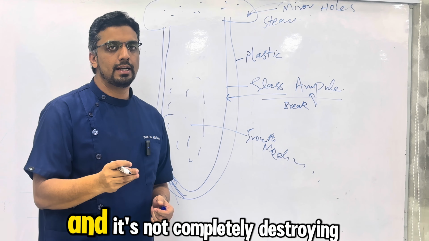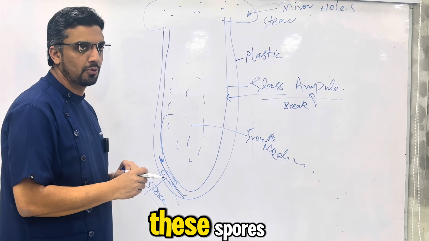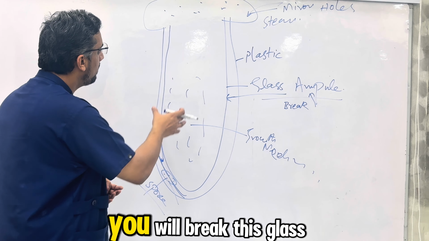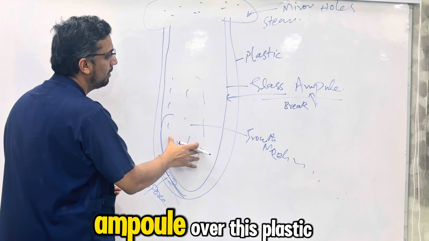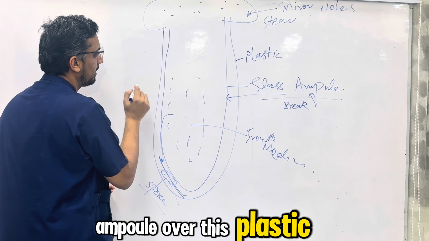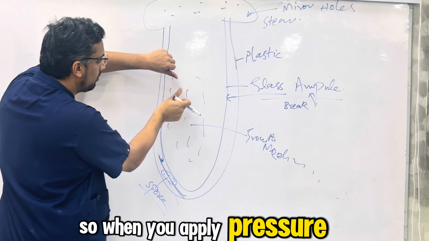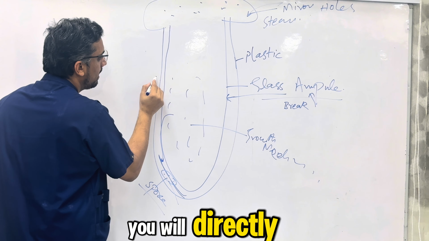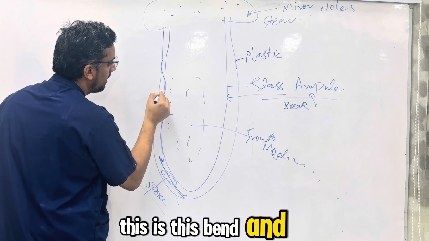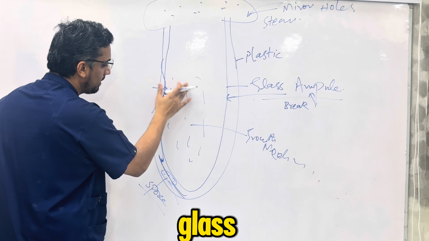But if you are using a faulty autoclave and it is not completely destroying these spores, then what would happen? When you break this glass ampule, as I said, this plastic tubing is bendable. So when you apply pressure to break it, you bend it, and the pressure is applied on the glass and it breaks.